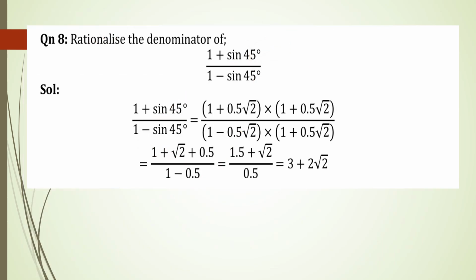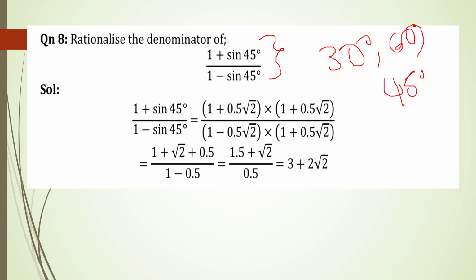Now lastly, we are going to look at an item which is going to involve us using special angles in solving to get a specific answer. We say that there are 3 special angles: we're having 30 degrees, 60 degrees, and also 45 degrees. Whenever you see these angles, always endeavor to convert those trig functions with those angles into their respective fractions.